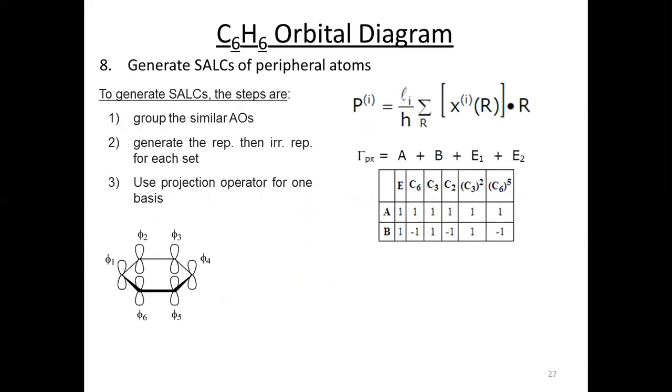Now let us see how easy it is to solve the symmetry adapted linear combination by taking the point group C6. Here I have taken the C6 symmetry operations, and the first two representations are A and B, as we have seen earlier.